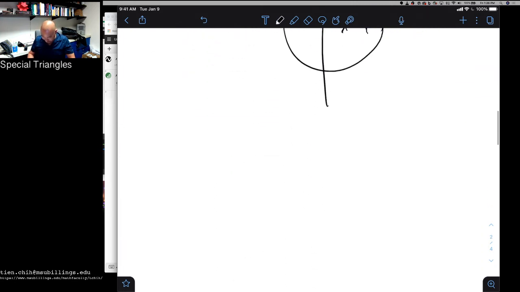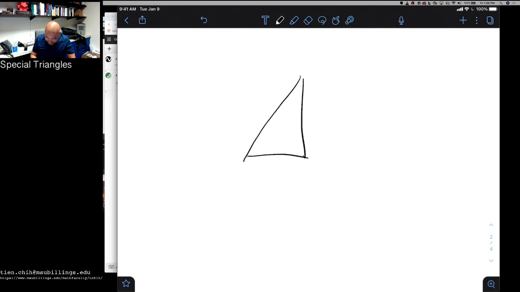And so what that also tells us is that if this were the pi over 3 and this were the pi over 6, then we know that opposite the pi over 6, I'm just taking the same triangle and I'm kind of just flipping it and rotating the other way, right?